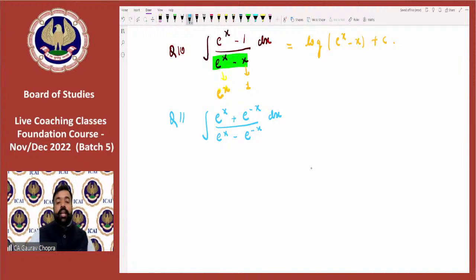So again, clearly we can see that differentiation of denominator is available in numerator. So we can directly write the answer as log of e to the power of x minus e to the power of minus x plus c. So directly we can write the answer.